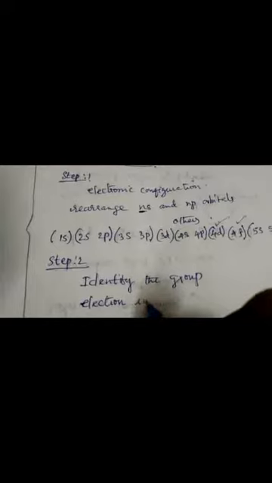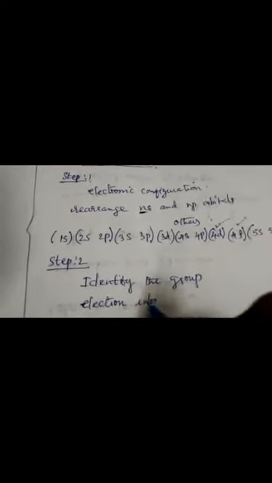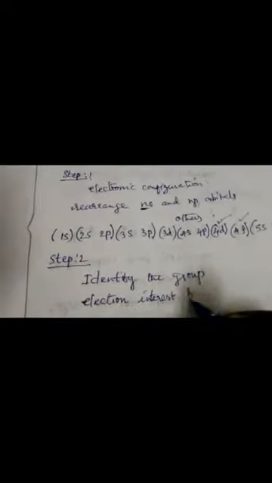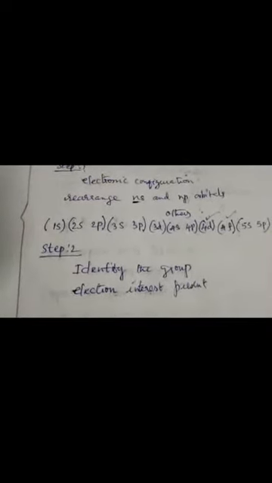Next, step 2. Identify the group. That means identify where the electron of interest is present. Electrons to the right of it in the group do not contribute to the shielding effect.